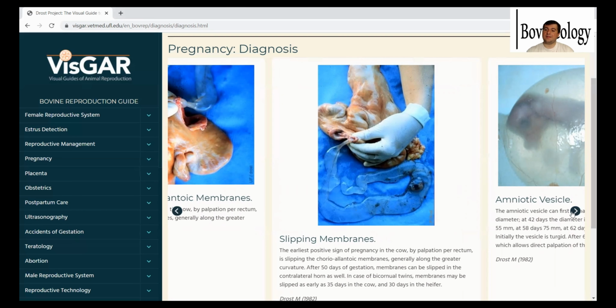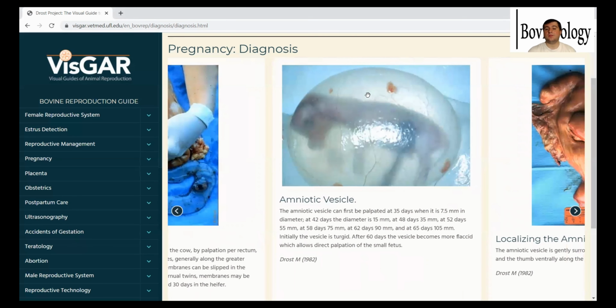A couple of days after that, around day 35, we can actually feel an amniotic vesicle. The amniotic vesicle has the conceptus inside of it. So when we palpate the animal, what you want to do is retract the uterus and feel the entire horn, right, left. The membrane and the amniotic vesicle, at this point, are very, very small, and they're usually at the tip of the horn.